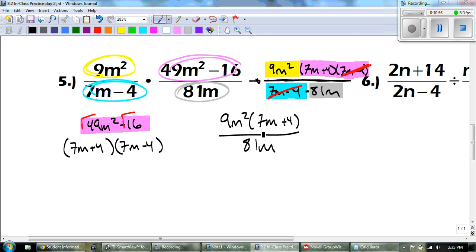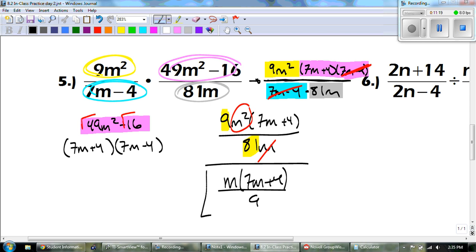Well, the 9m squared and the 81m, we can reduce that. 9 divided by 81, well, 9 on the bottom. The m squareds, the m on the top wins. And then we're left with the 7m plus 4. So I'm just going to move the 9 to the center, and then that is my final answer.